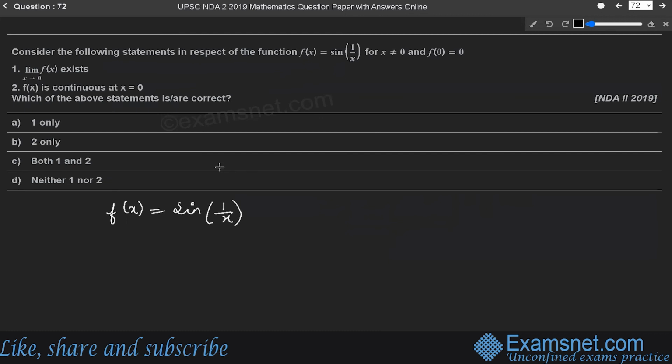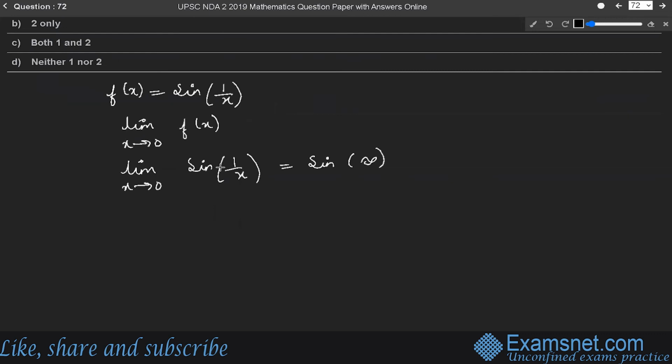So first let us solve the first statement, which says limit x tends to 0, f of x. So it will be equal to limit x tends to 0, sin(1/x), which will be equal to sin infinity. It implies that sin theta lies between minus 1 and 1. Therefore, we can say that limit x tends to 0, f of x does not exist. So the first statement is not correct.